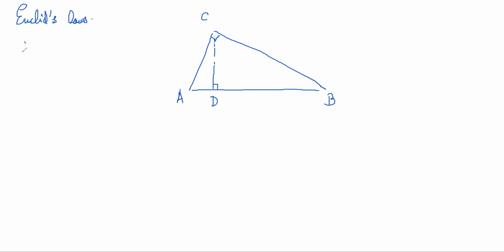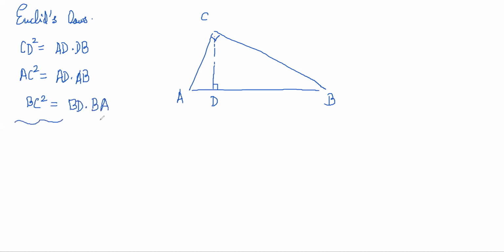You can now prove that CD square is equal to AD into DB. You can also prove that AC square is equal to AD into AB, and BC square is equal to BD into BA. These three things can be proved using similarity. It is clear now how to prove these three things.